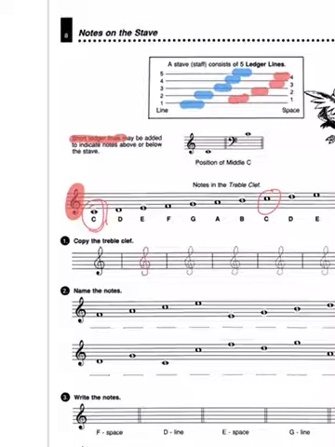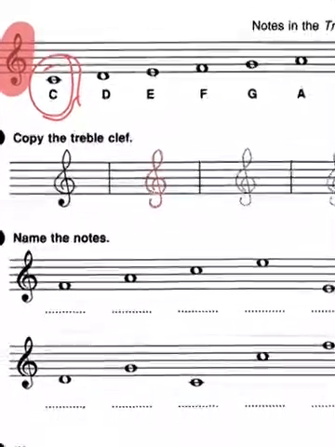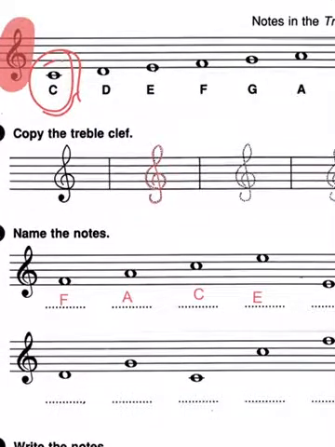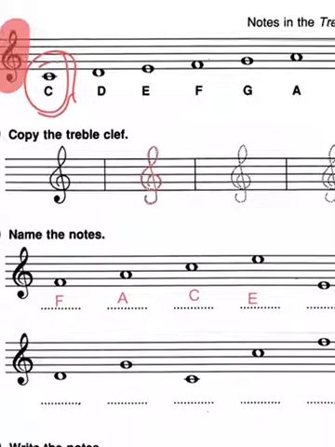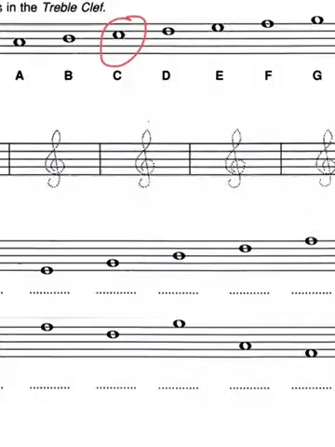Now, to actually name the notes, there are a couple of little rhymes and tricks that we can use. And as you can see, FACE spells out the spaces. And then for the lines, we have a really nice little rhyme, which is every good boy deserves fun.